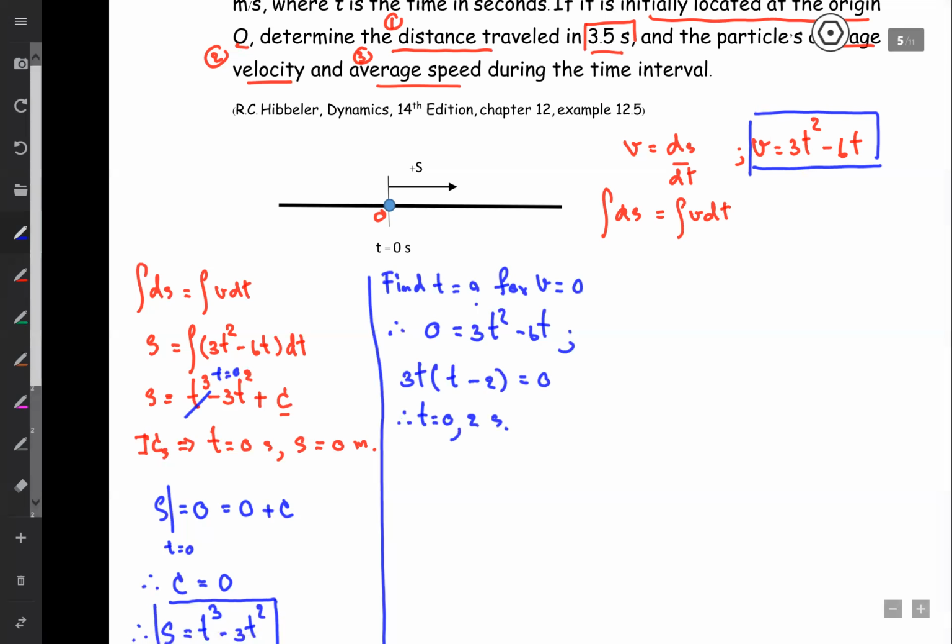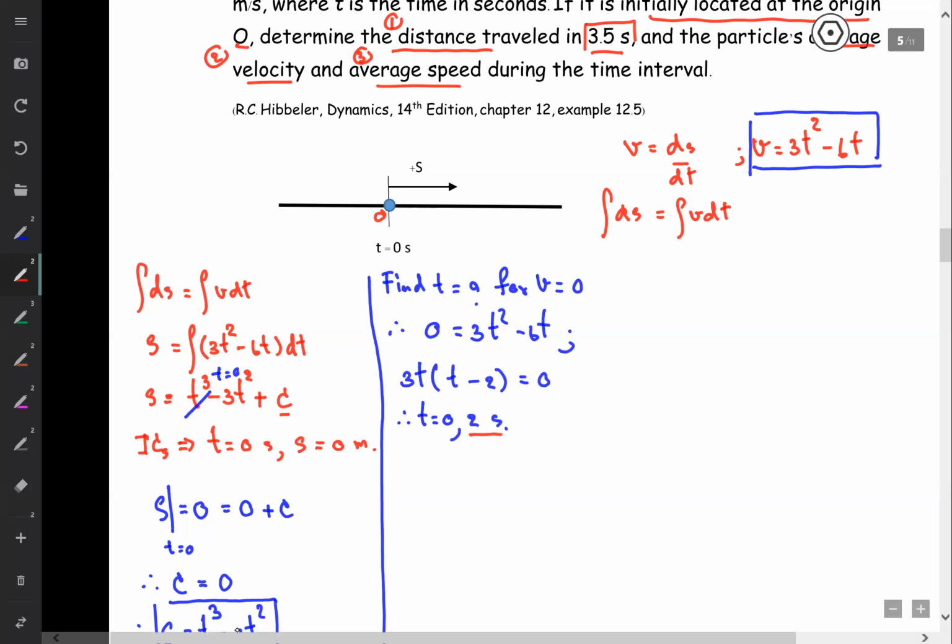When t equals 0, we know that it is the initial condition. And so right now we found that at t equal to 2 seconds, the velocity is 0 meter per second again.